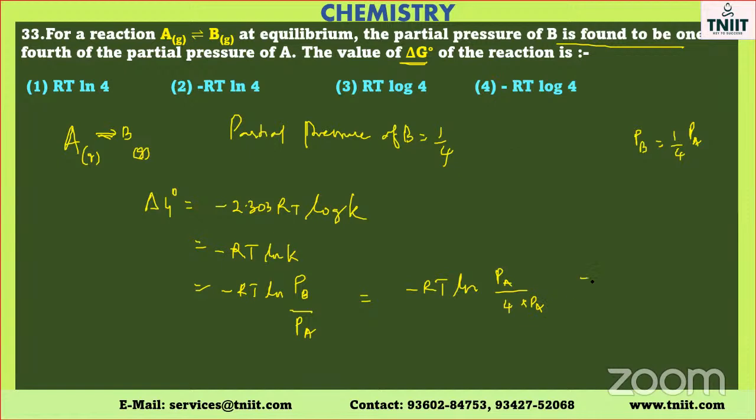That will be equal to minus RT natural log of 1/4. 4 goes to the numerator, so it will be plus. So the answer will be option 1.